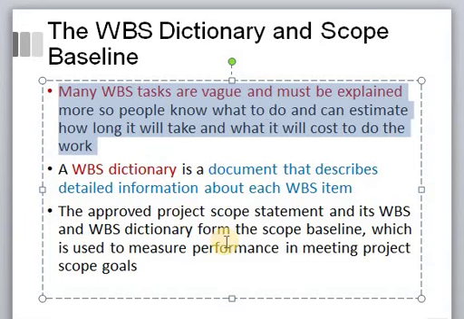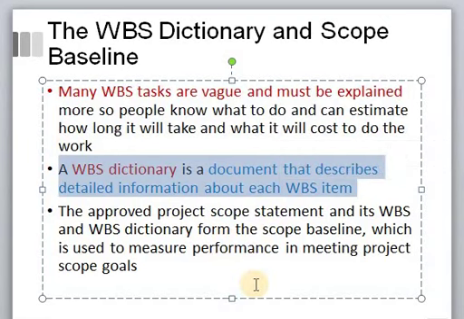So many of the tasks presented in the WBS are unclear, so they must be explained further, so people can understand what they have to do and estimate how long it will take to complete a certain activity and what cost it will take to perform it. So basically a work breakdown structure is also considered under the planning, scheduling, cost estimation and duration estimation processes as well.